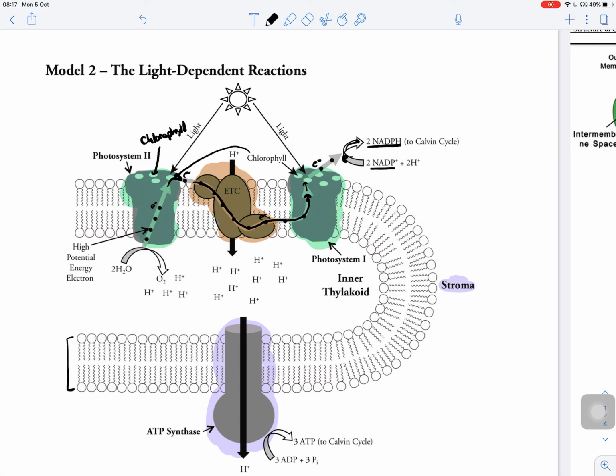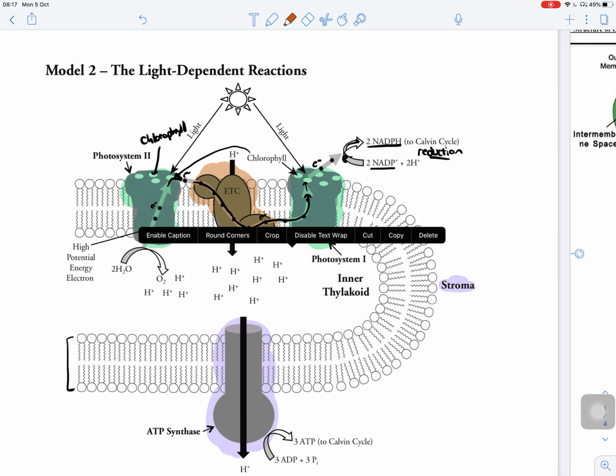This is a reduction reaction. So this is reduced, photosystem 1 is oxidized, and NADPH is going to head off to the Calvin cycle.